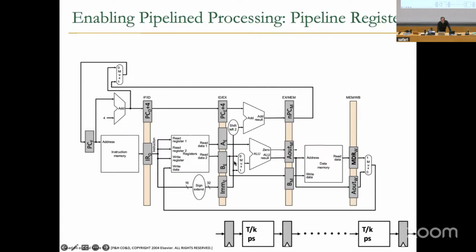What is that B? This B is really the second register that you have read. So we directly propagate it from the execute stage input register, the ID/EX register, to the execute/mem register without changing it because it's needed for stores. Whenever you're storing, you need to actually take the data from the register file and write it into memory, right? So you propagate all of the data signals that are needed across the pipeline stages.